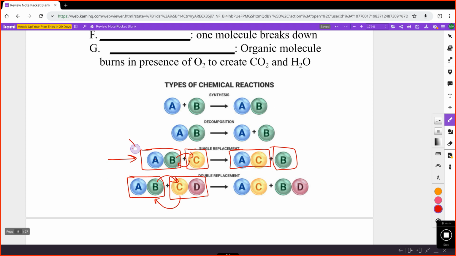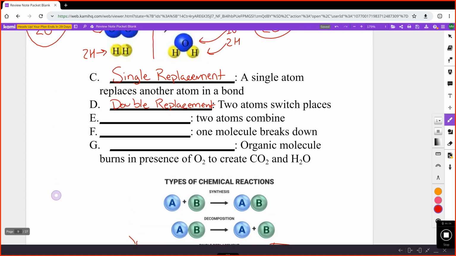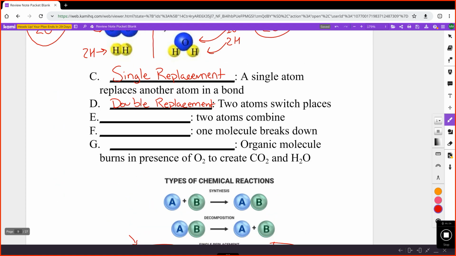Back up here, C was taking the place of B, but B was being left all by itself. In this case, C is replacing B, but B now goes and replaces where C once was in a bond with D, creating two new products of two compounds, and this is called double replacement.